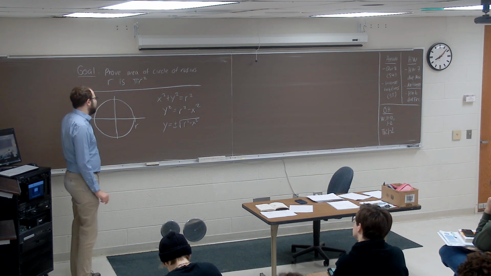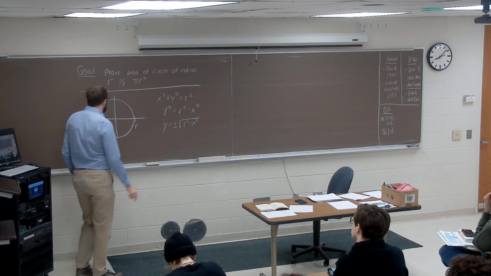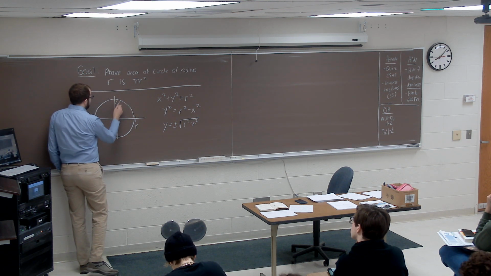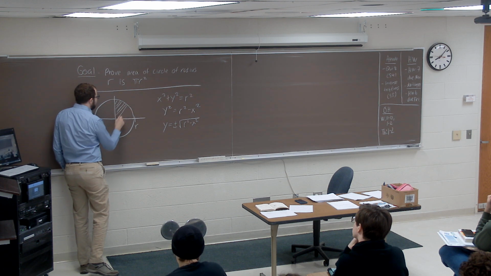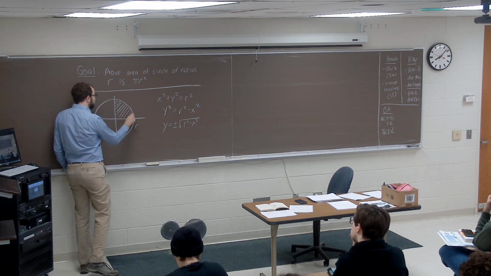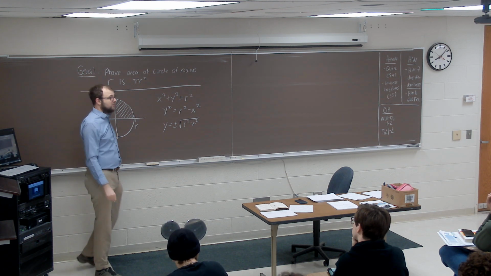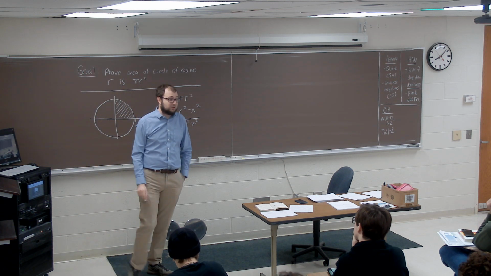So integrating a plus or minus expression sounds difficult. So would everyone be okay if instead of trying to find the area of the full circle, we just find the area of a quarter of the circle and multiply by 4?